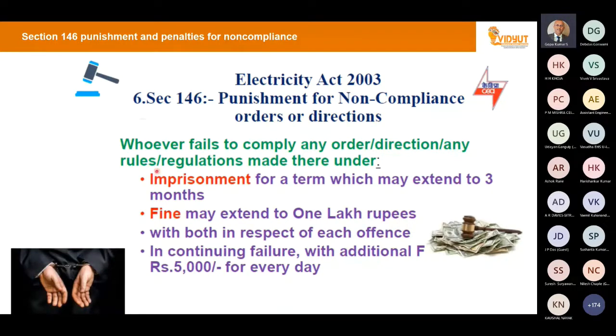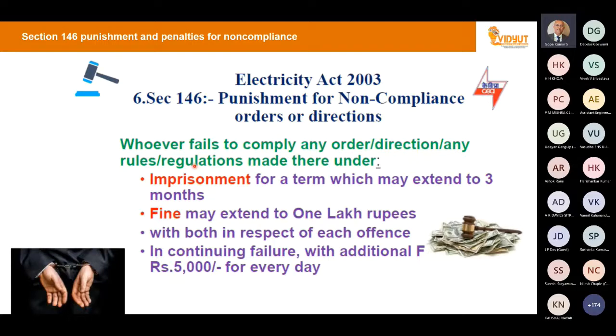If you don't follow the rules and regulations, imprisonment is 3 months, a fine of 1 lakh rupees for each offense. If you continue the offense again and again, rupees 5,000 per day. This is the penalty which is included in the Electricity Act.